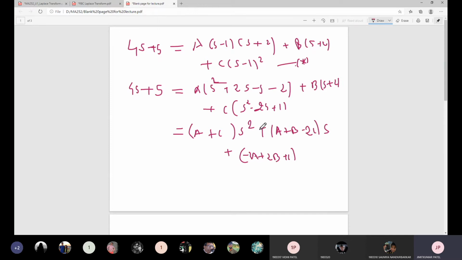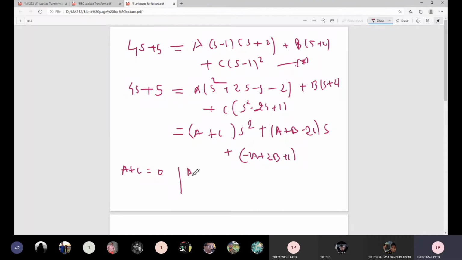Now you can compare both sides. So what we get? A plus C is the coefficient of s square. What is our coefficient of s square in the left hand side? Anybody? 0. So we get A plus C is equal to 0.